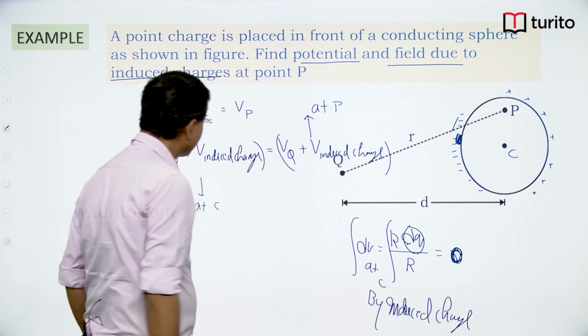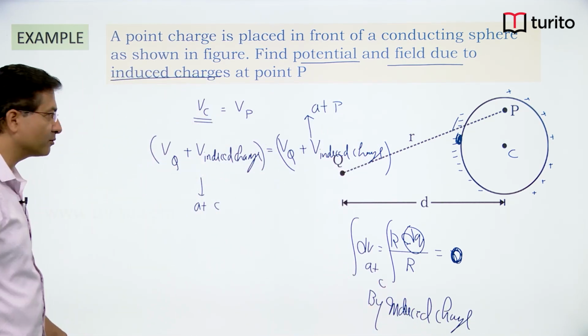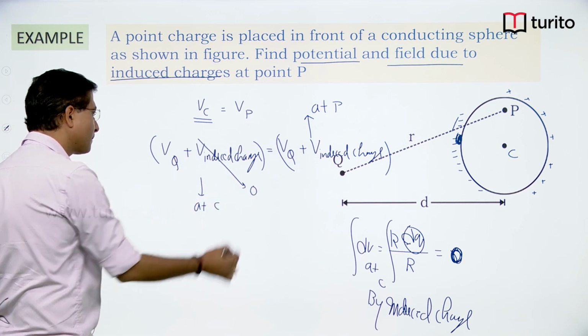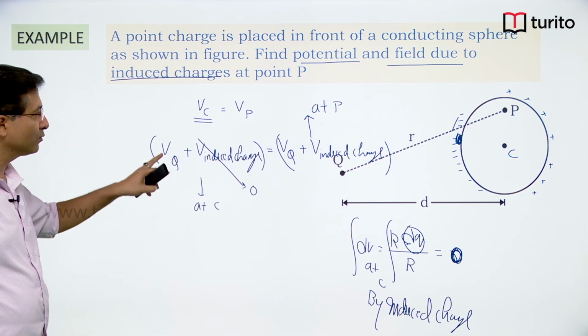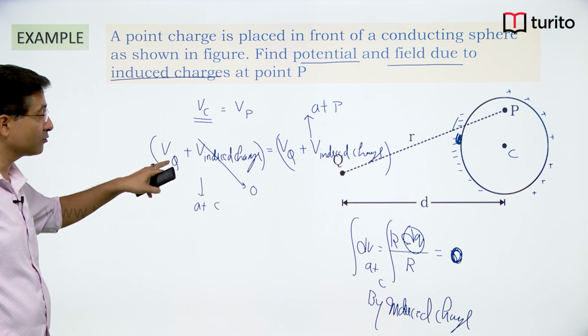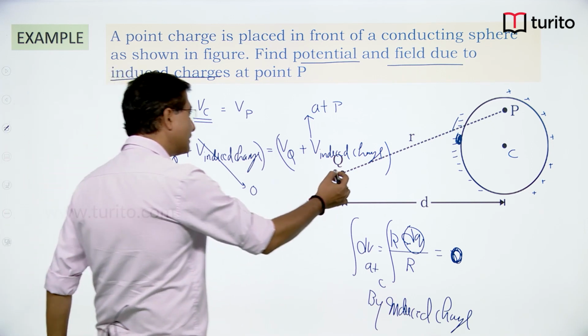I can substitute this value over here at C, the induced charge contribution is 0, and at C the contribution of this Q charge is at distance d.